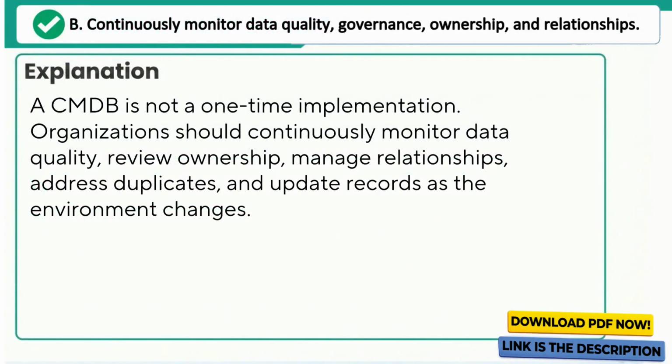Correct answer, B. Continuously monitor data quality, governance, ownership, and relationships. Explanation. A CMDB is not a one-time implementation. Organizations should continuously monitor data quality, review ownership, manage relationships, address duplicates, and update records as the environment changes.